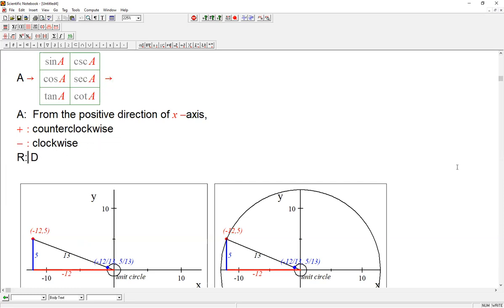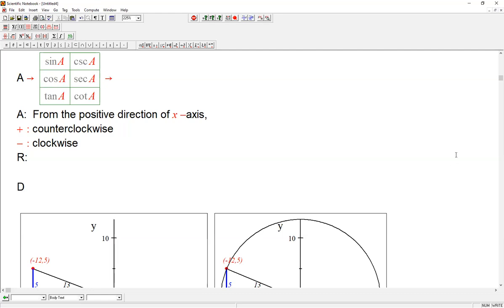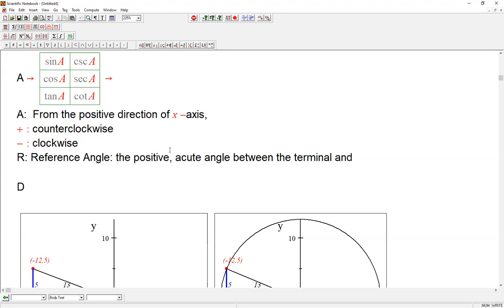Next is the reference angle. The definition of a reference angle is a positive acute angle between the terminal side and the x-axis.